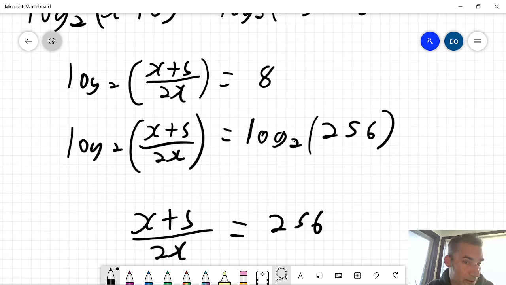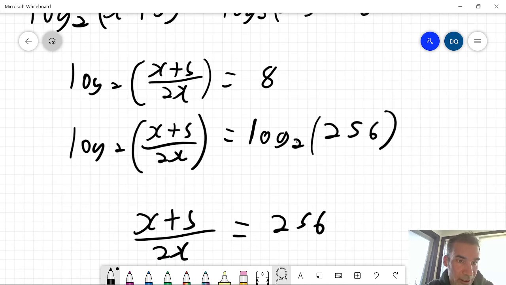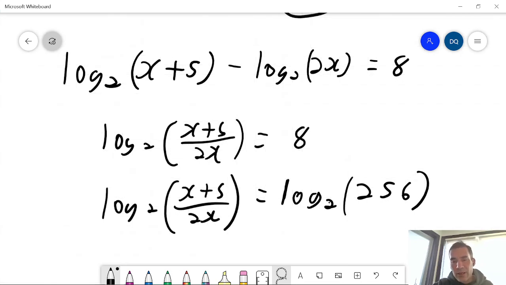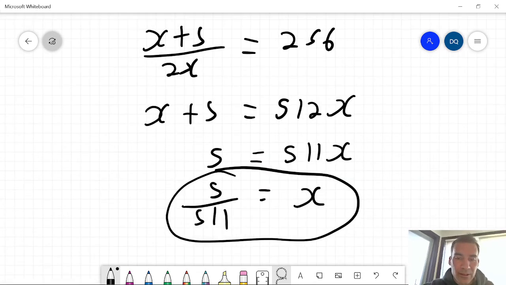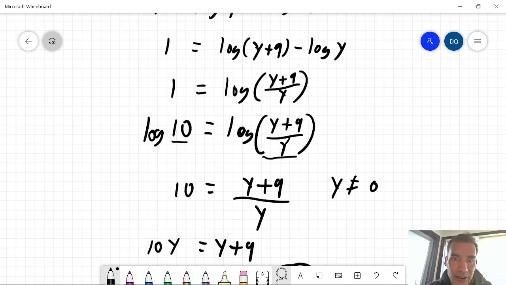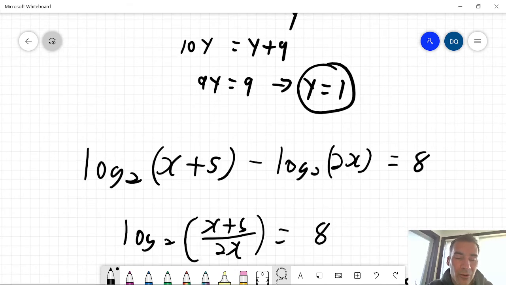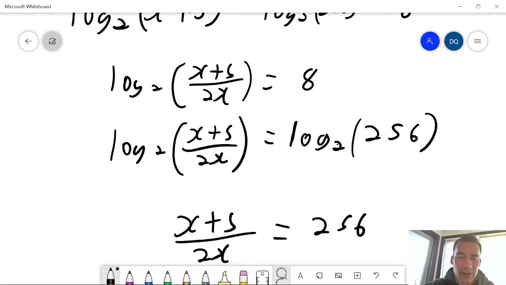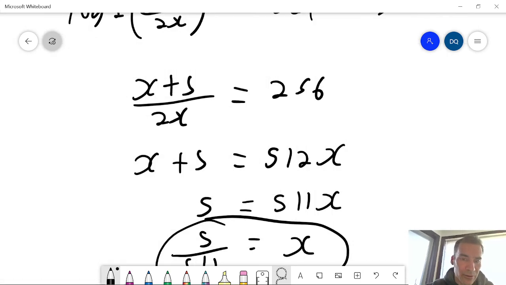Turns out that that's just fine, because 511 times 2 is a positive, and 5 over 511 times 2 is a positive, and 5 over 511 plus 5 is also a positive. So this is all well defined, and the solution works.